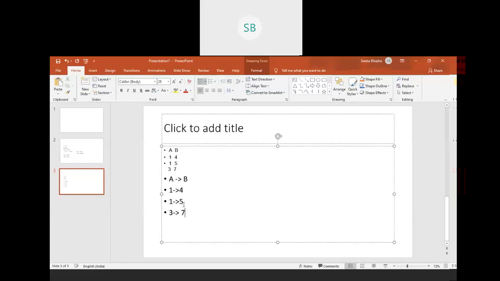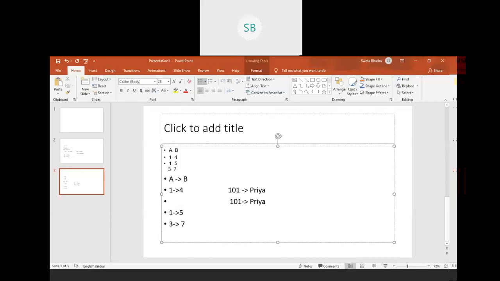Just like the earlier example I was discussing, there 101 Priya was there. If 102 had some other name like Akshay, it was clearly okay. But suppose 101, Priya is there, and again 101, Priya.